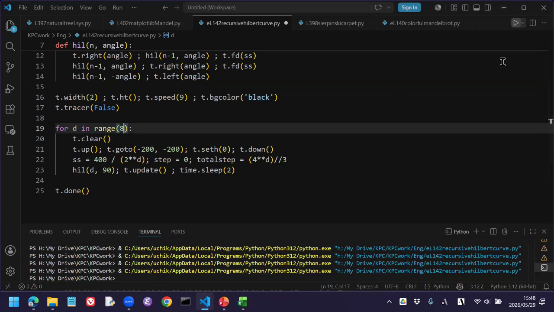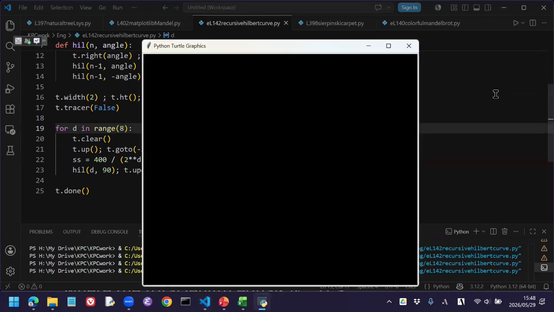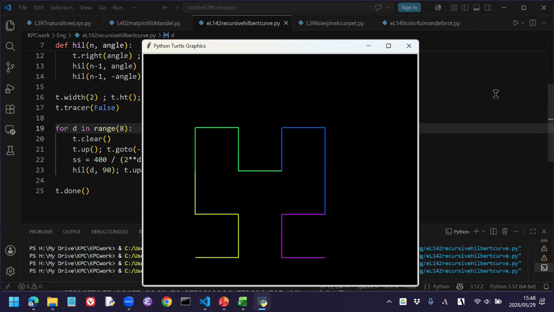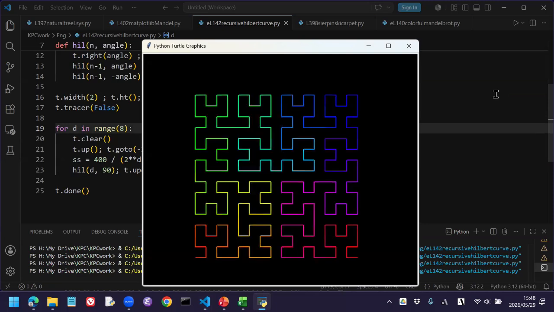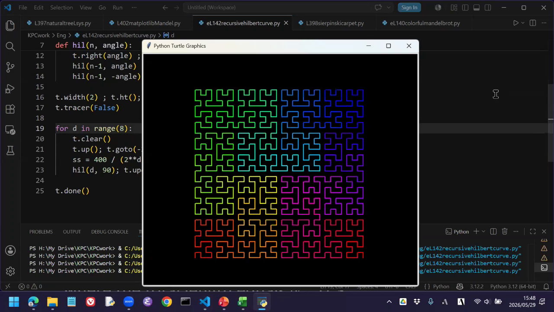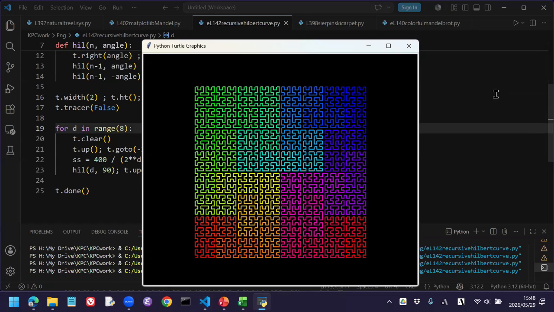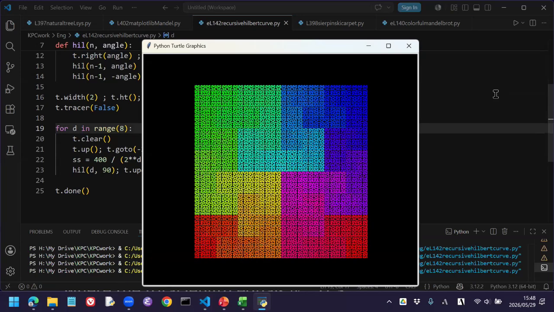Let's take a look. 0, 1, 2, 3, 4, 5, 6. Ooh, beautiful. And 7. Now we have successfully colored the Hilbert curve, which changes from the starting point all the way up to the ending point. I hope you like it.